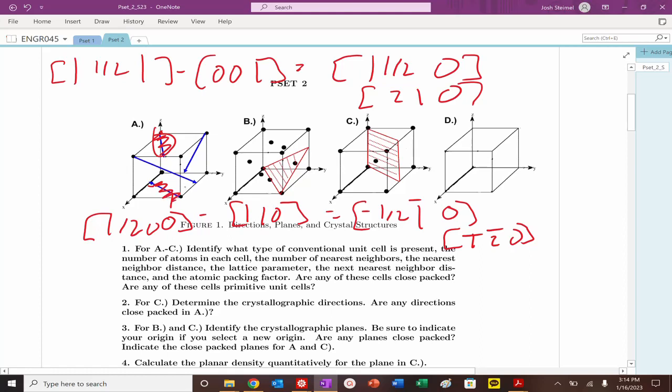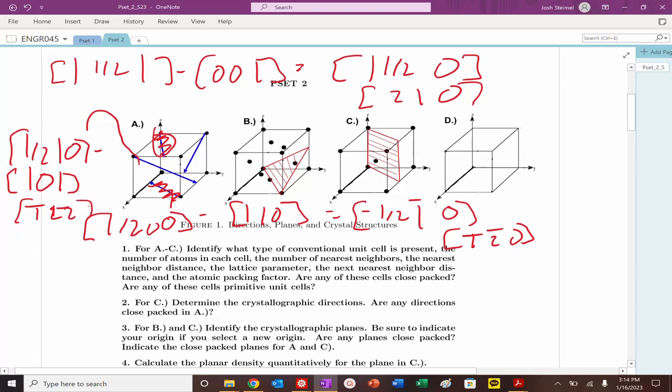What about this guy over here? My finish is at 1/2, 1, 0, minus my start, which is at 1, 0, 1. So 1/2 that, it's going to be a minus 1 eventually. So 1 minus 0, that's going to be a 2. And then a 0 minus 1 is going to be a 2/2 here.